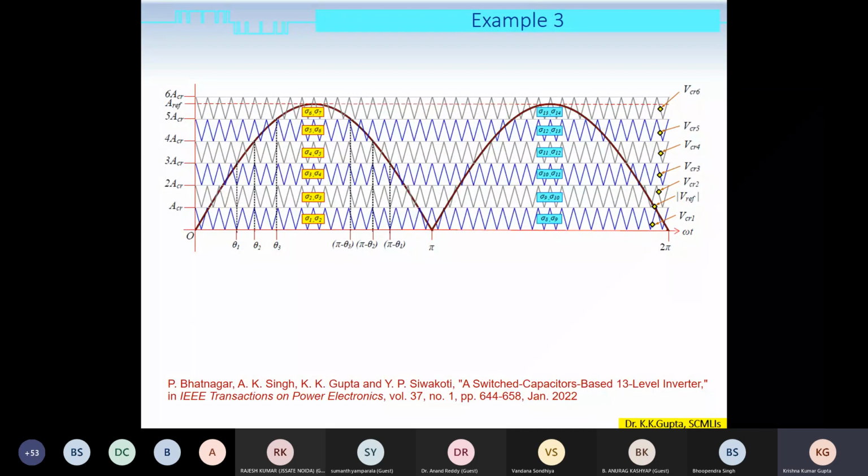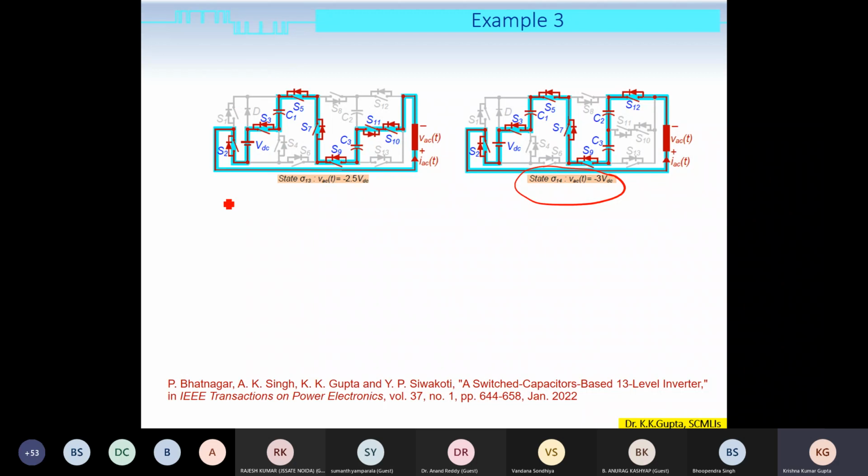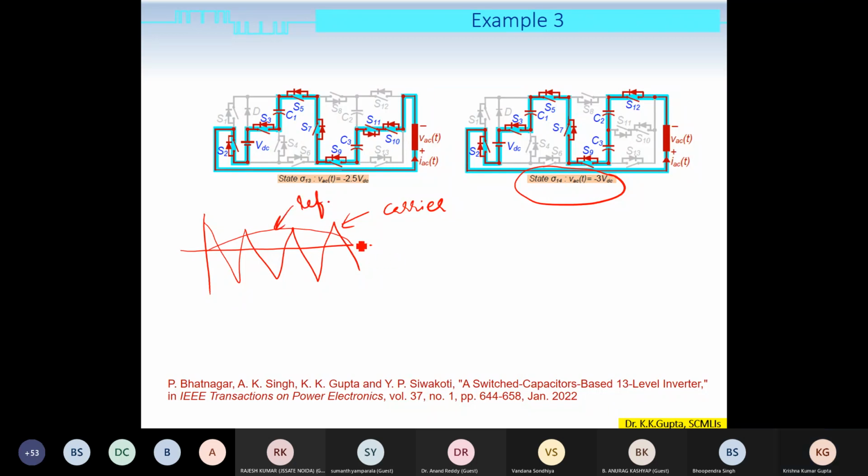Normally in multi-level inverters, we all know about the modulation strategy for a regular two-level inverter, right? In a regular two-level inverter, we take a carrier waveform, normally a high-frequency triangular waveform, and a sinusoidal waveform, which is the reference, and we compare these two waveforms and obtain the switching signals.